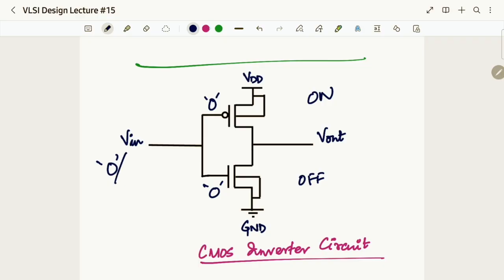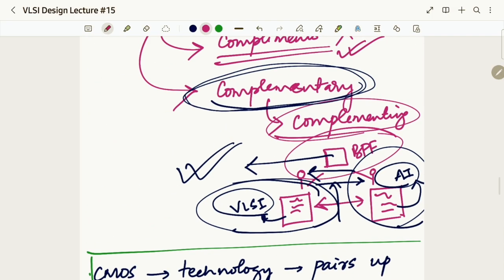But if I give a positive input, that means logic 1 as our input, what will be the logic at the PMOS gate? Logic 1, of course, and at the NMOS gate, logic 1. So what will happen to the PMOS and NMOS? PMOS will be turned off and NMOS will be turned on. So like me and my friend creating a business where I am only working for the VLSI part, she is working for the AI part.